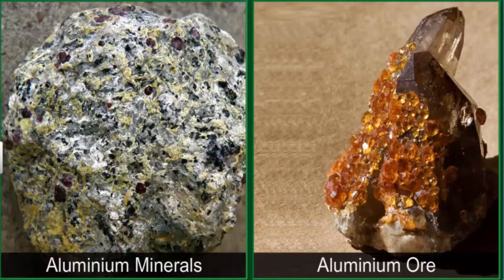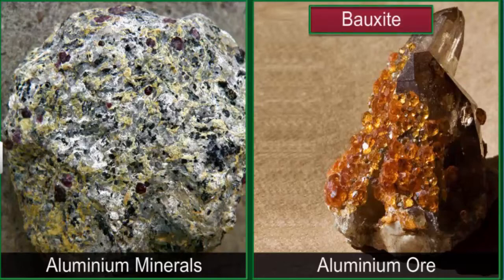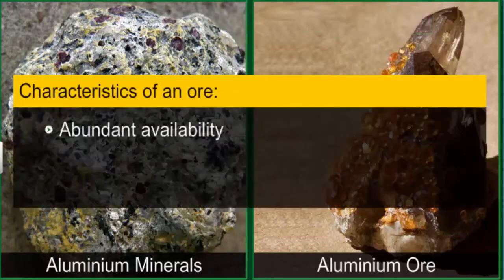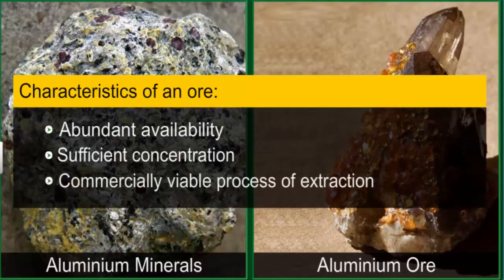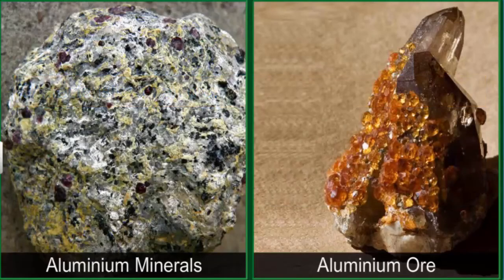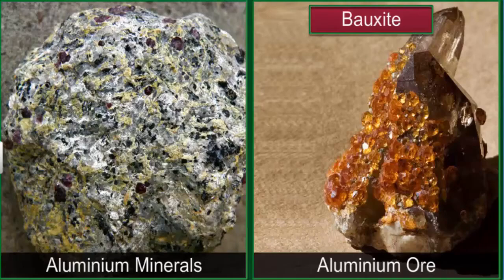But only one of them, bauxite, is majorly used to extract aluminium. Abundantly available minerals that offer sufficient concentration of an element and a commercially viable process of extraction are called ores of that element. Thus, bauxite is an ore of aluminium.